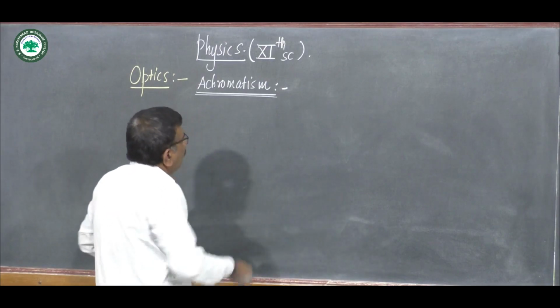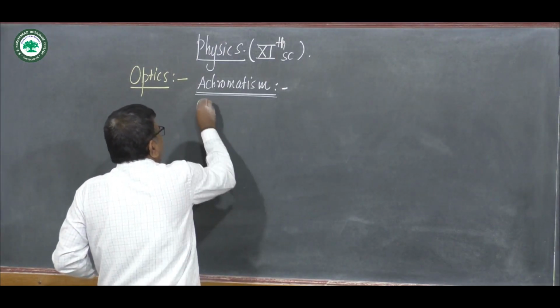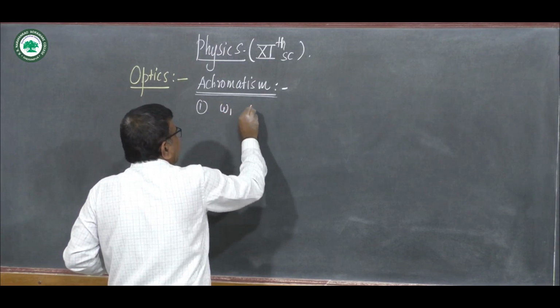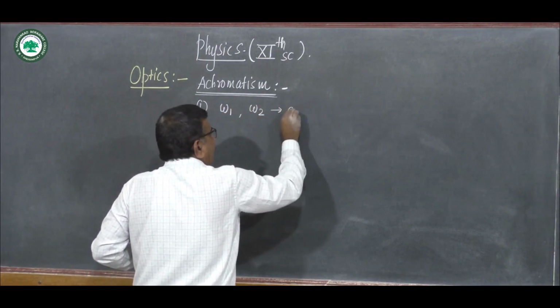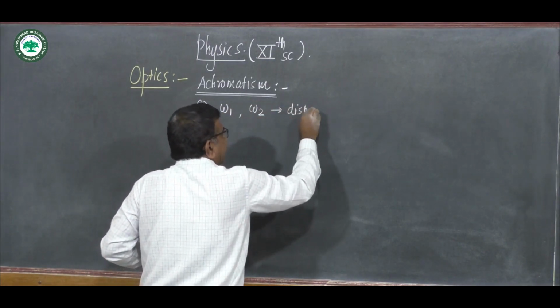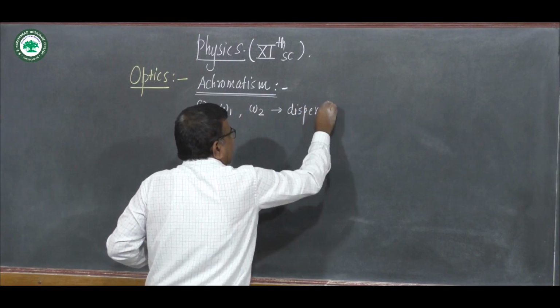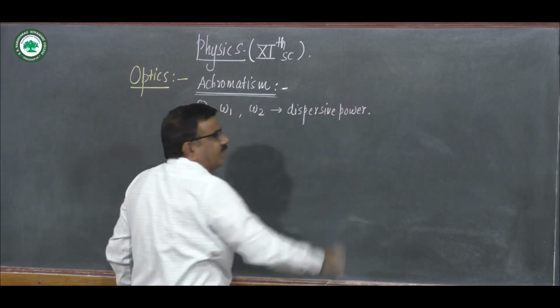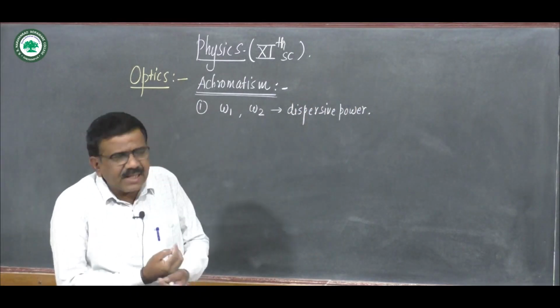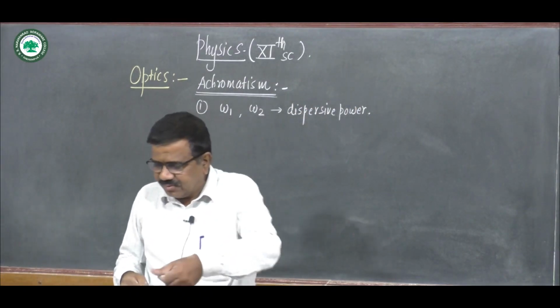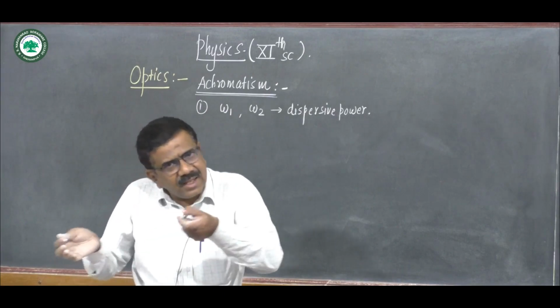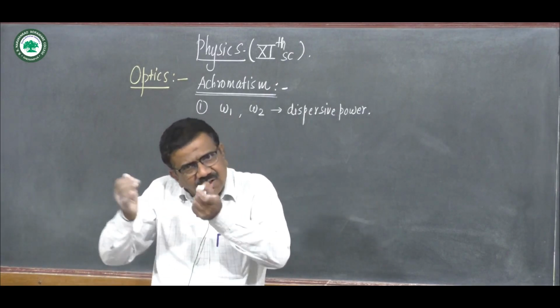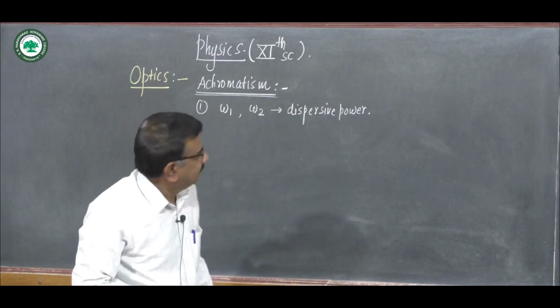Suppose omega 1 and omega 2 are the dispersive powers of the materials of the two lenses in the achromatic combination, or lenses in contact.